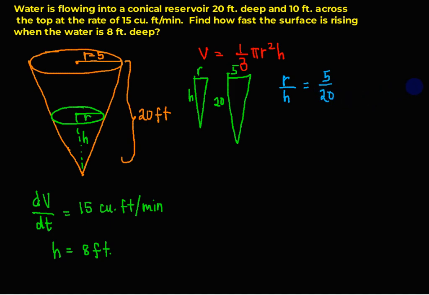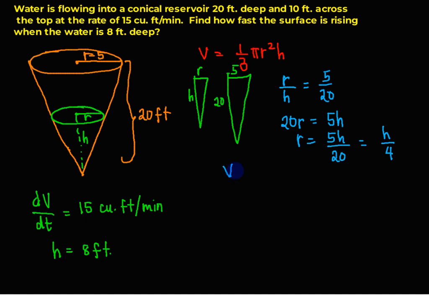We're going to solve for r in terms of h because the problem is asking for the rate at which the height is increasing. So r times 20 is 20r, 5 times h is 5h. Dividing both sides by 20 gives you h over 4. So we now replace r by h over 4 in that formula.